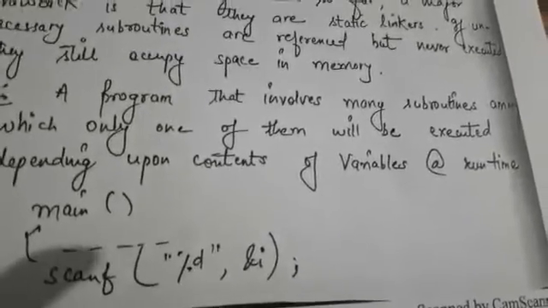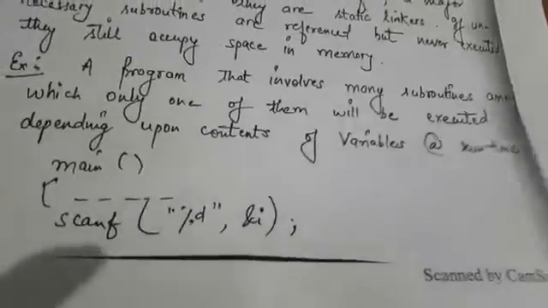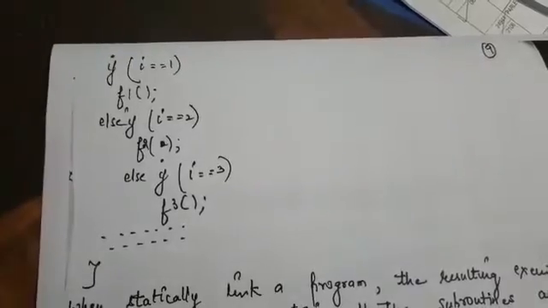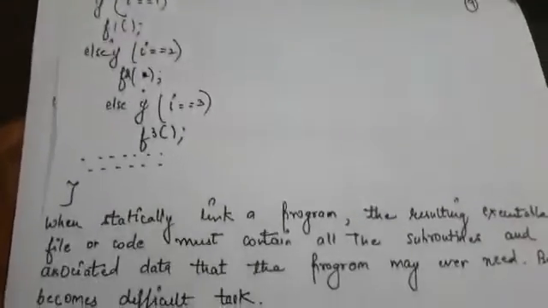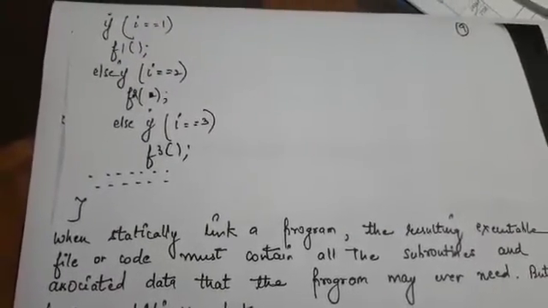Like we have a C program main, then we have some lines, then we have the scanf statement, then we have if statement i is equal to 1, f1, next we have f2, next we have f3, and then we have some code lines.